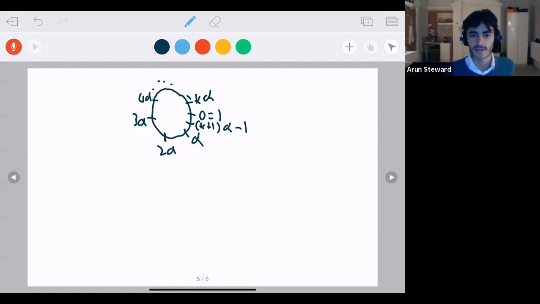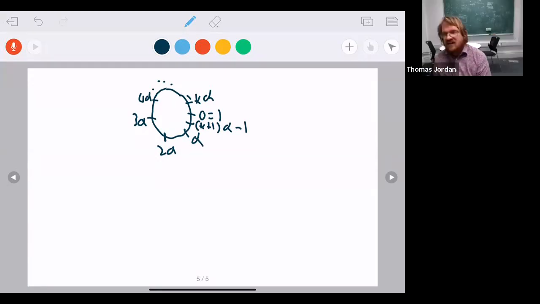Does it need to be of size alpha? Yes, exactly. Any interval of size alpha or above is definitely going to hit one of these terms, alpha, 2 alpha, 3 alpha, because the spacing between them is alpha until we get round to 0, and then it's the rest of alpha. So any interval where the size is greater than or equal to alpha would definitely have at least one term of this orbit hitting it.